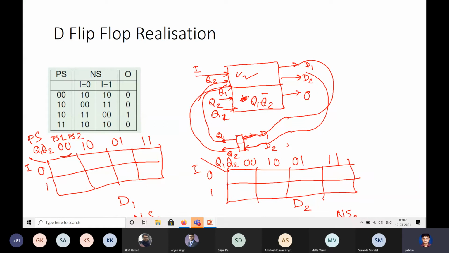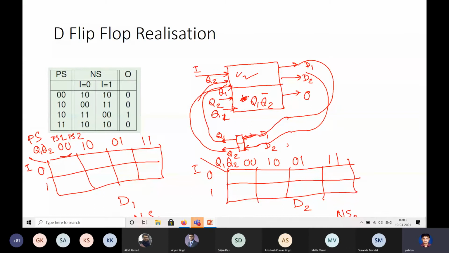You look at the first bit with I equal to 0. So I equal to 0 is the first row of the Karnaugh map, and D1 is the first bit. So it is 1 at 3 places: 0, 0 for PS1, PS2, then 0, 1, I made a mistake here, 0, 1, and 1, 1. What about for I equal to 1?